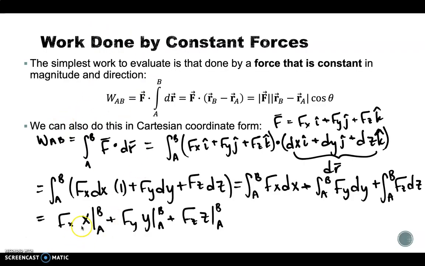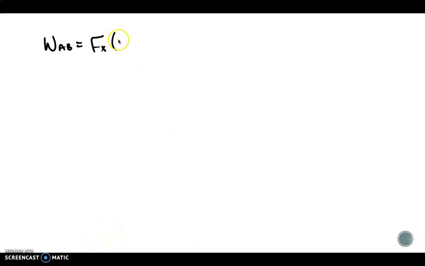So our work from a to b is equal to f sub x, and remember it is x at b and a, so x at b minus x at a.